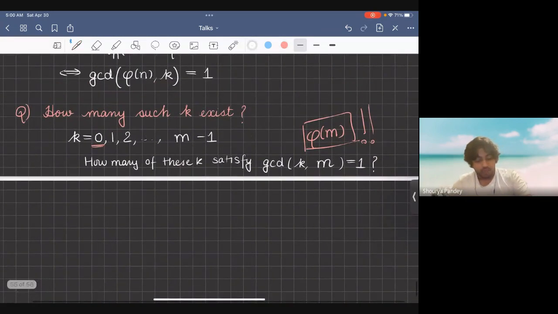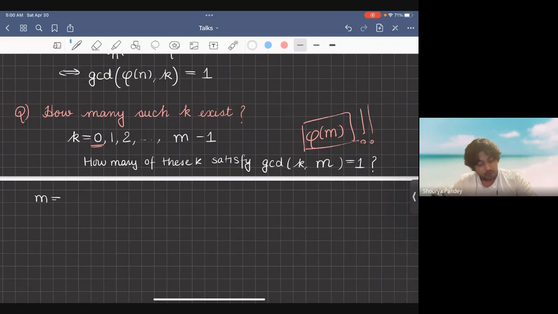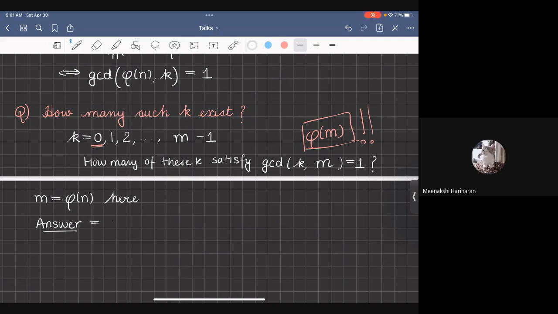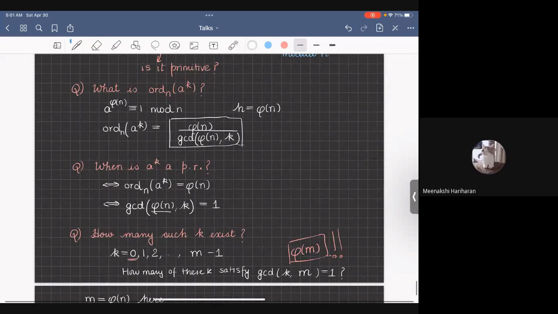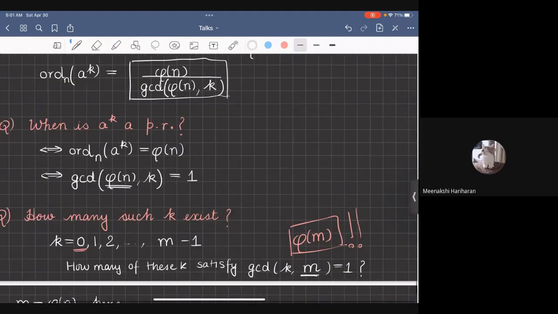So here m is equal to phi of n. m is just phi of n, yes.